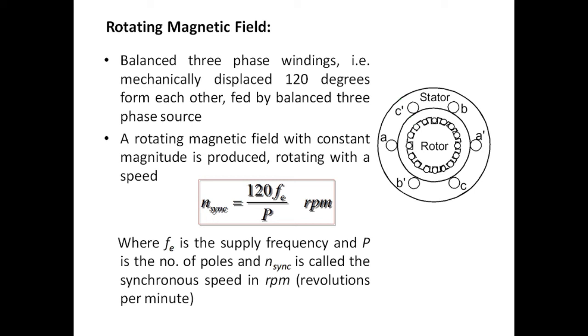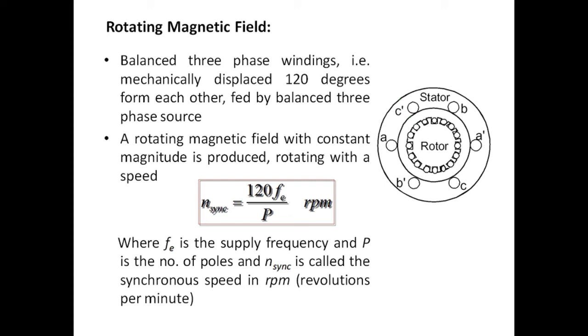When the supply is given to the stator winding, three phase power goes to the winding and it produces a magnetic field. This magnetic field is constant and rotating at some speed, called the synchronous speed.